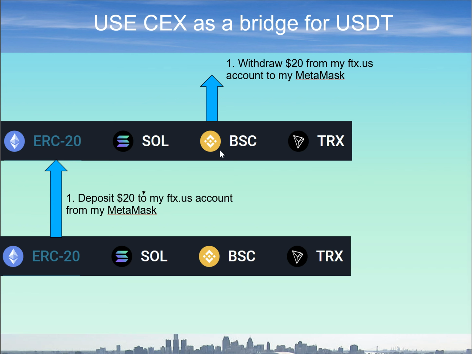Then the second step is you're going to use another blockchain, BSC. So you're going to do a withdrawal from the centralized exchange FTX to your another account, either centralized or decentralized wallet address. Okay, you need to make sure two things are correct. First of all, each time you do a deposit, both sides must be Ethereum blockchain and Ethereum address.